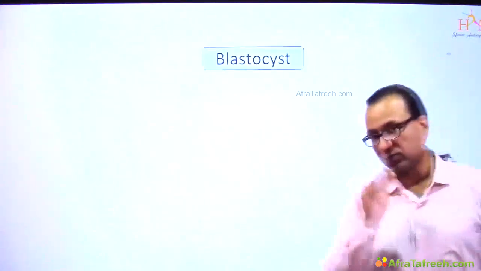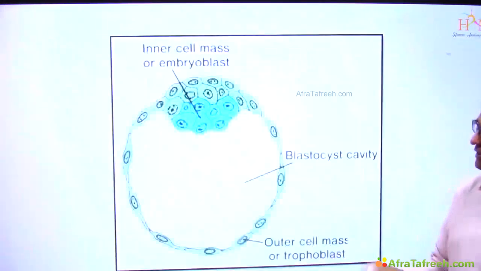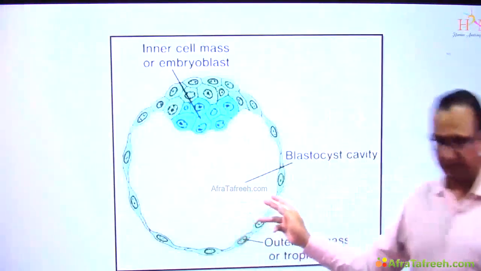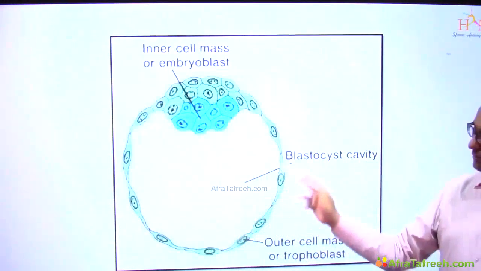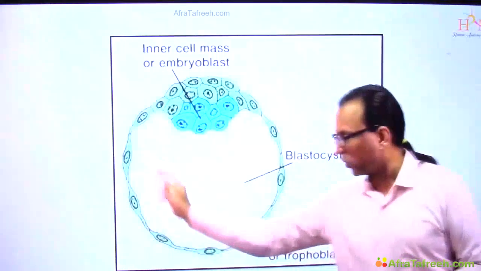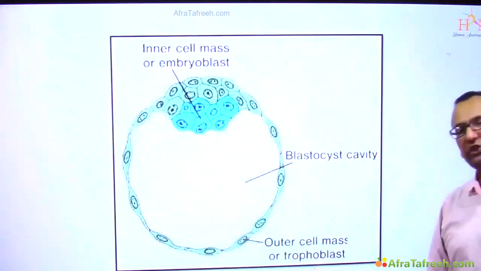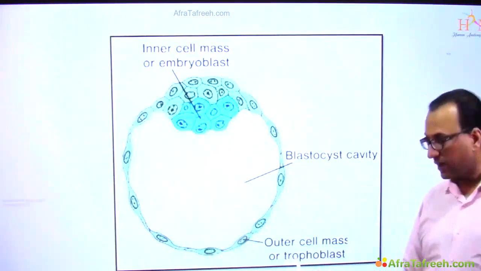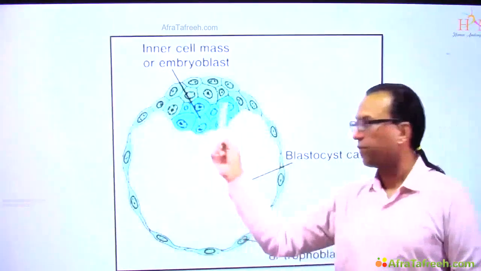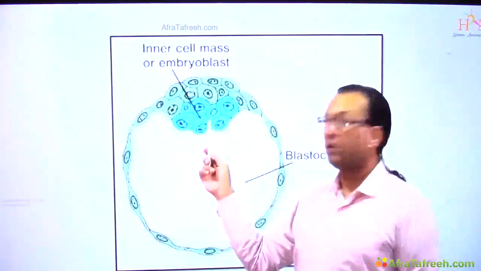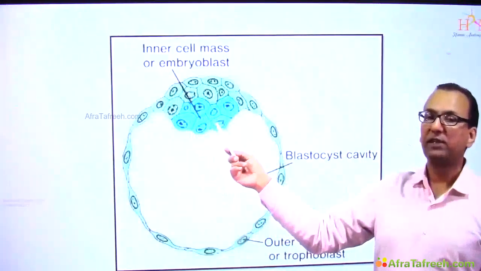So let us begin with the blastocyst. Blastocyst is called blastocyst because it has blast cells and a cyst-like cavity. There is an outer cell mass which is called the trophoblast. Tropho means nutrition. It is going to help in formation of the placenta. And then there is the embryoblast, which is going to form the embryo by dividing into two types of cells.